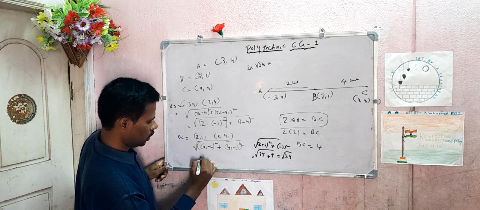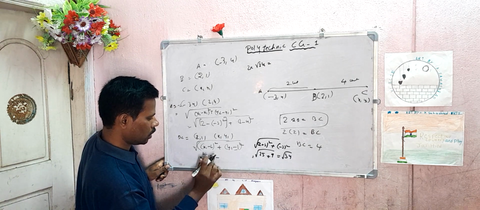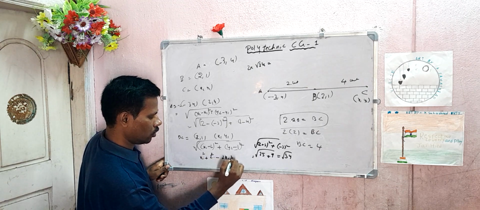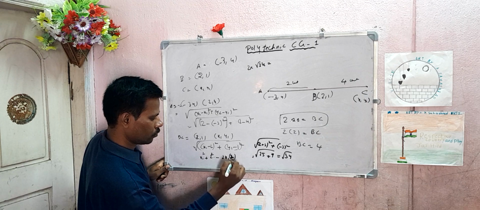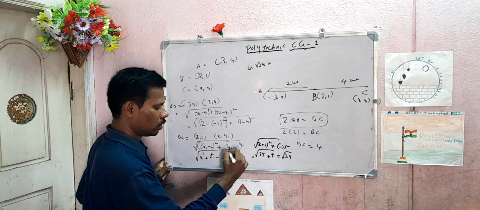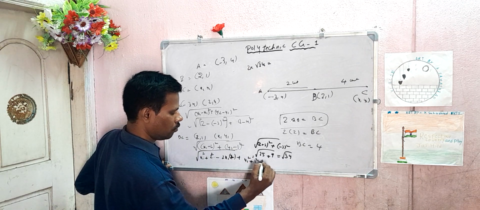So here x1 square plus a square plus b square minus 2 x1 into 2 plus apply a minus b whole square again for this also, y1 square plus 1 square minus 2 y1.